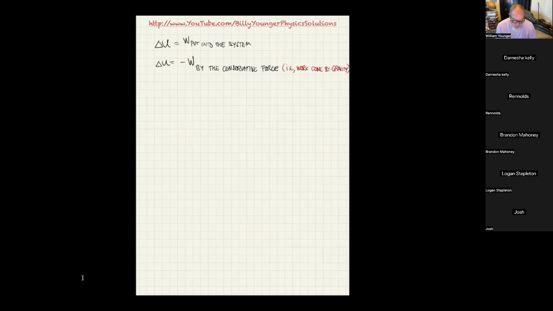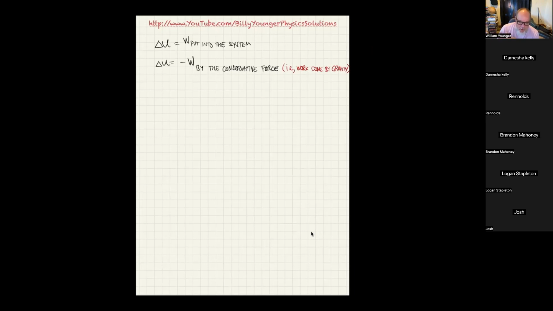And that should make some sense, because if you imagine, for instance, I could take a force and use it to pick someone up, put them up on top of a fence post or a ladder or something like that. That amount of work that I did to do that is a certain number of joules.